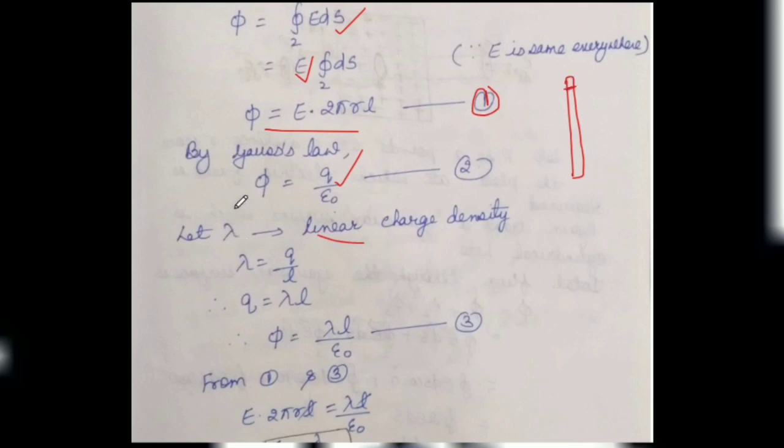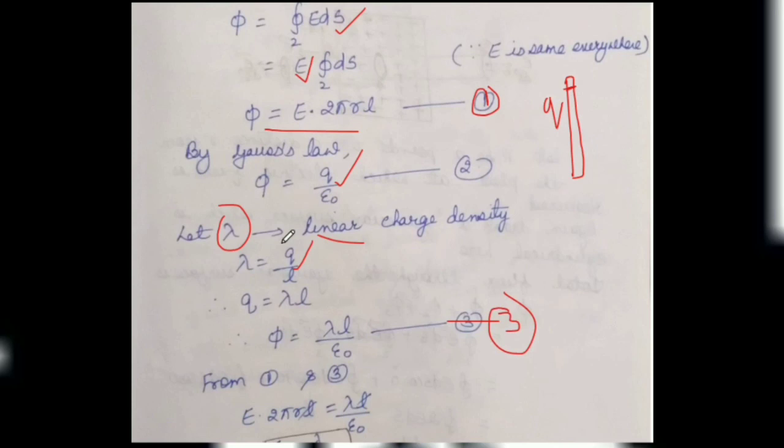For that I have taken this linear charge density lambda. This is charge per unit length. So the total charge of this wire Q is lambda into L. So you put lambda into L in place of Q, and the flux becomes lambda L by epsilon naught, equation number 2.